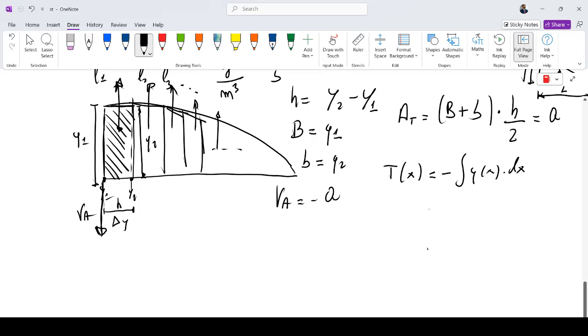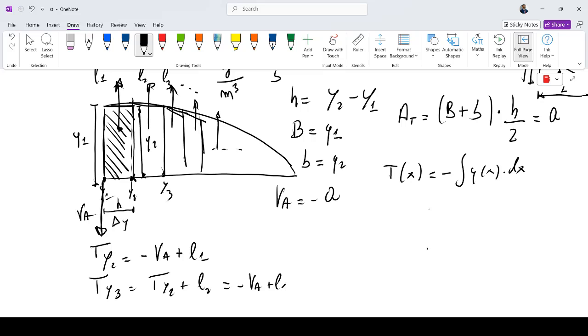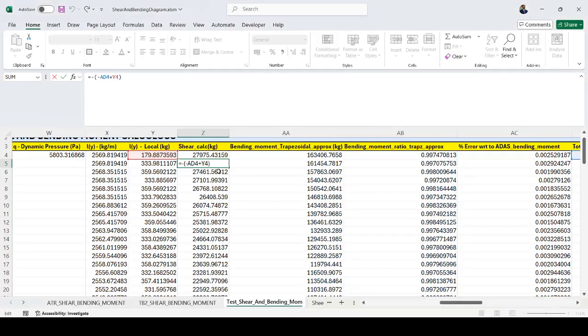The shear at station Y2 is equal to minus VA plus L1. The shear at station Y3 is equal to Y2 plus L2, but Y2 is equal to minus VA plus L1, so plus L2, and so on for the others.